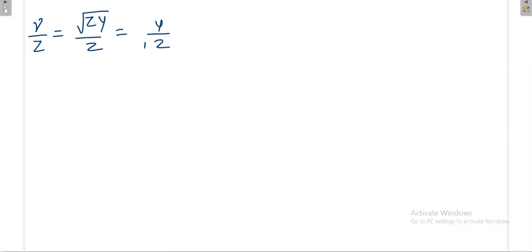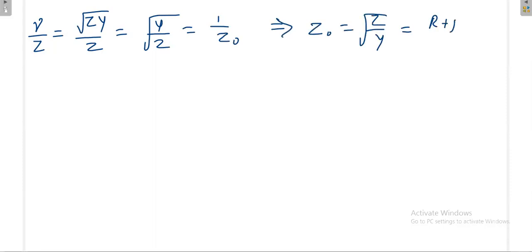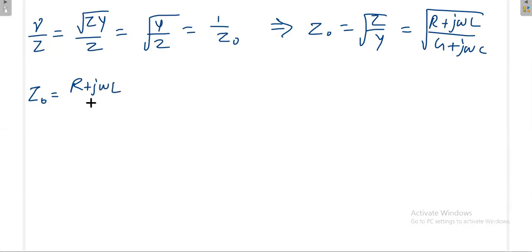Then y divided by z is always 1 by Z naught, or otherwise Z naught can be written as z divided by y, that is equal to R plus j omega L divided by G plus j omega C. So finally you have to remember this one: Z naught is R plus j omega L divided by G plus j omega C, overall square root. Now you have an equation that denotes the impedance.